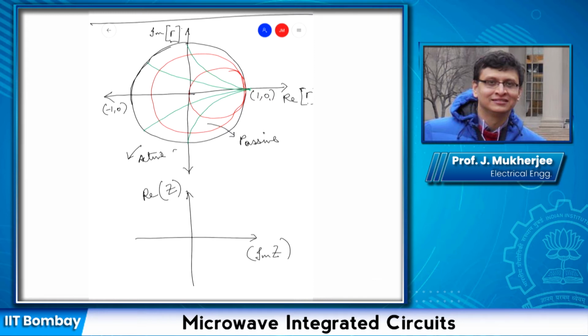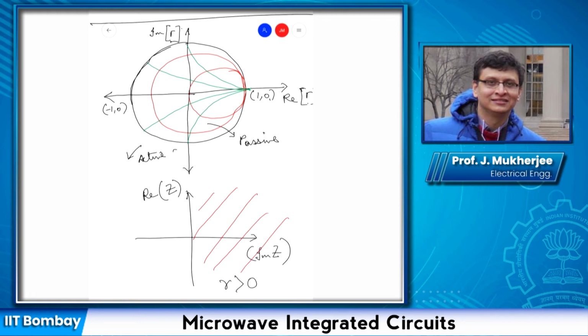So in the Z plane, the passive devices are those that occupy that portion. The impedances of passive devices occupy that portion of the Z plane where R is greater than 0. So that means the entire right half of the Z plane, isn't it?